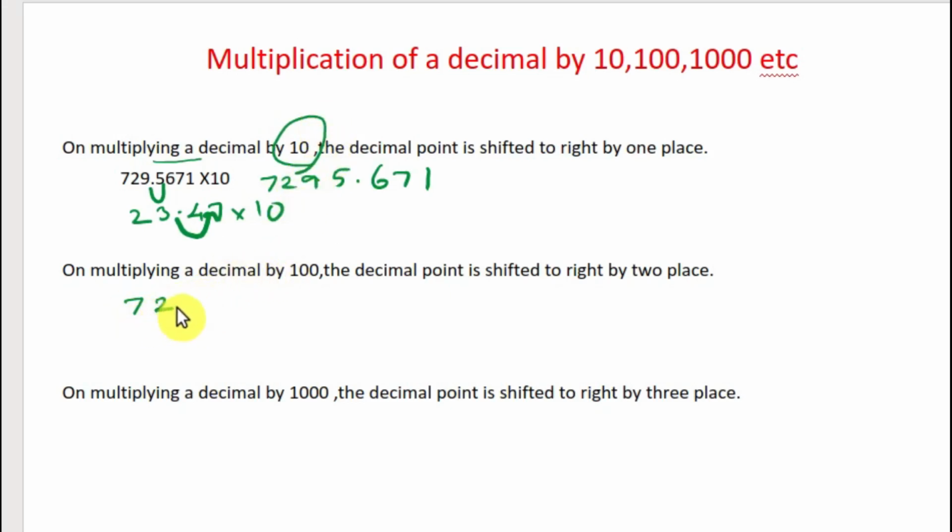For example, on multiplying a decimal by 100, the decimal point is shifted to the right by two places, from here to here. So 7293.45. Understood? Next one.